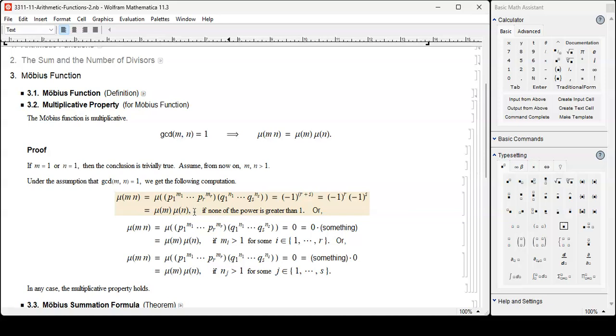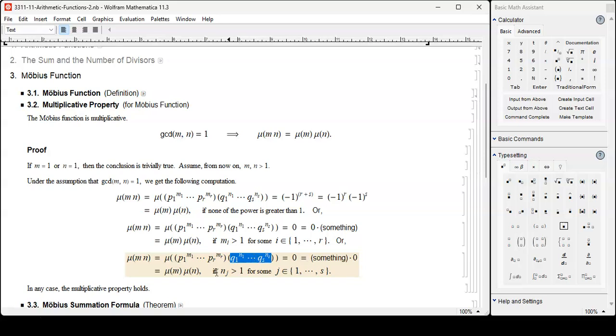Now, what if you have some power greater than 1? If any of the p's has a power greater than 1, then of course mu of mn is 0, but it can be written as 0 times something where mu of m is 0. The same here. If one of the q's has a power higher than 1, then overall mu of mn is 0 because it has a prime factor with power greater than 1.